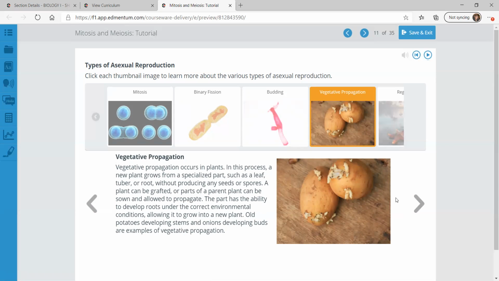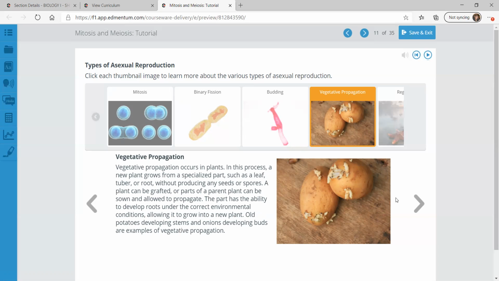Then we have vegetative propagation, and this occurs in plants. Vegetative meaning plants, vegetation. In this process, a new plant grows from a specialized part like a leaf, tuber, or root without producing any seeds or spores. A plant can be grafted, or parts of a parent plant can be sown and allowed to propagate.